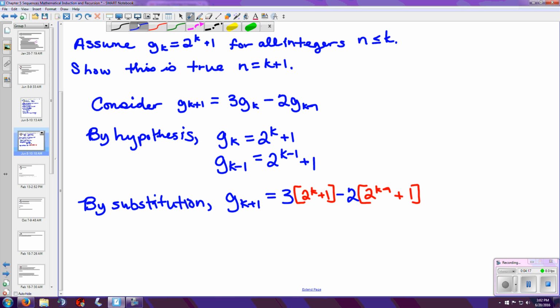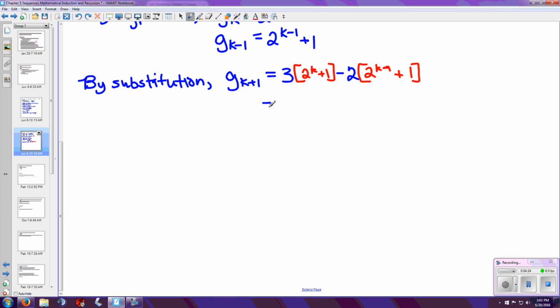Now, if we look closely here and do some algebra, go ahead and distribute and simplify where you can, but we don't have to go too crazy, and you'll see why in a moment. This is equal to 3 times 2 to the k plus 3 minus 2 times 2 to the k minus 1, minus 2 rather. Getting ahead of myself. All right. Now, if we clean this up, this is 3 times 2 to the k.